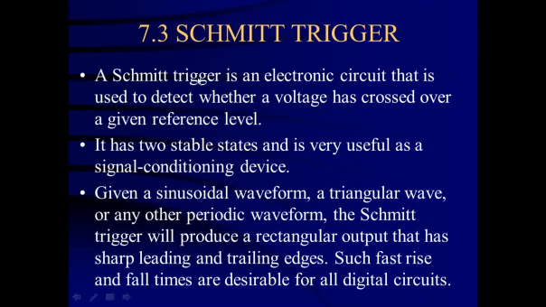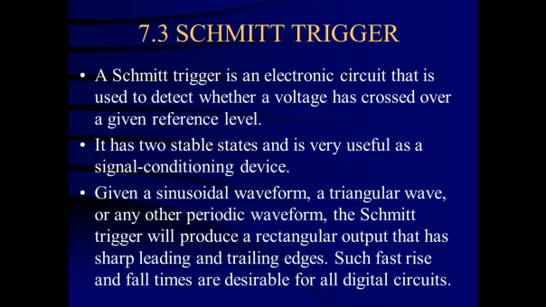A Schmitt trigger is an electronic circuit that is used to detect whether a voltage crosses over a given reference level. So, when a predetermined reference level is there, if the input voltage is increasing and crosses over that reference voltage, then the output of the circuit is going to swing or change, and that means you can detect that it has crossed the reference voltage level.